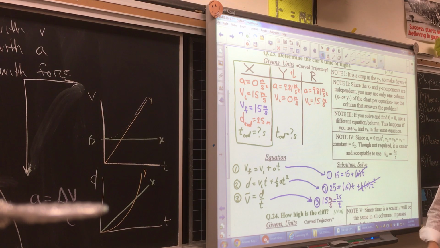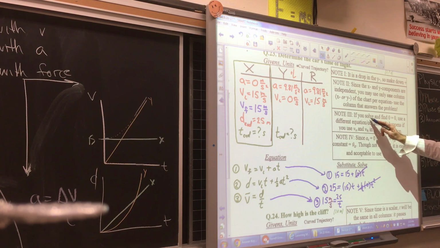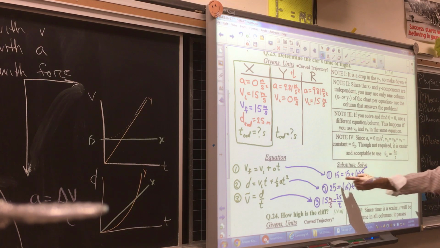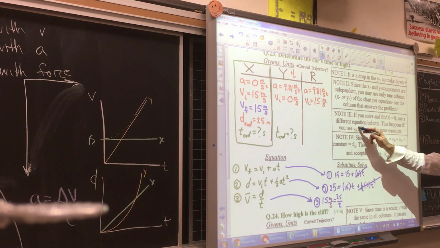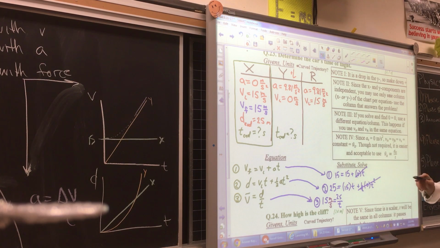When that happens, is it time to give up and go to another problem? No. If you solve and you find whether it's 15 equals 15 or 0 equals 0, it's true, but you're not any smarter. If that happens, switch. Use a different equation. Or you might even have to use a different column. So if that ever happens, just redo it with a different equation or a different column.